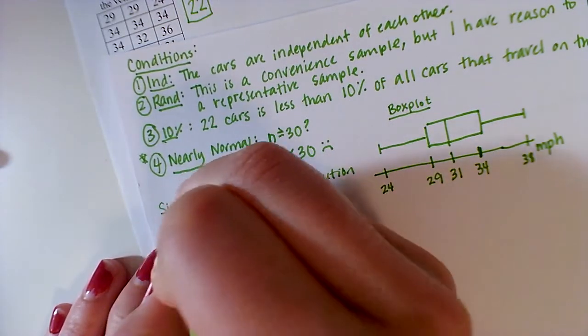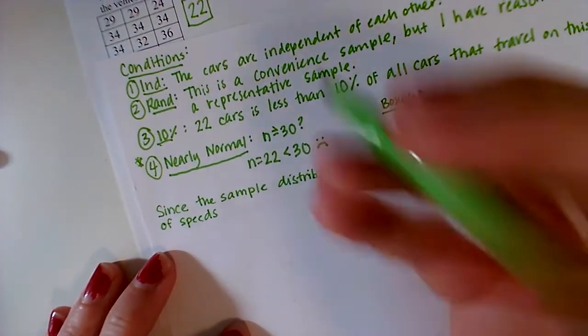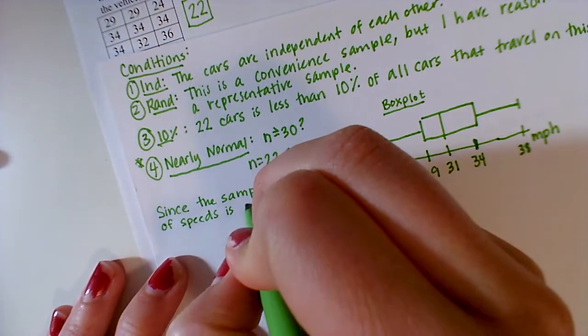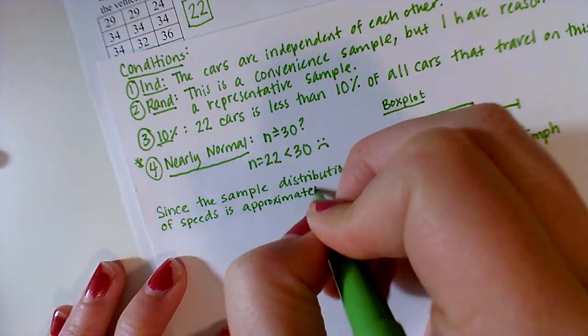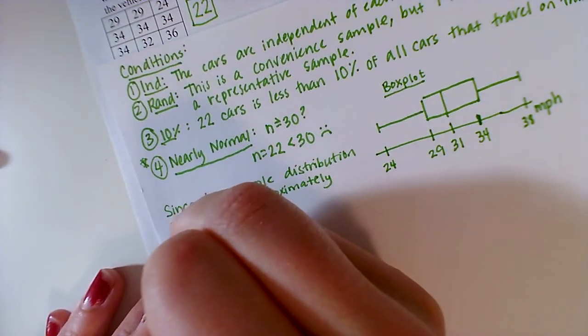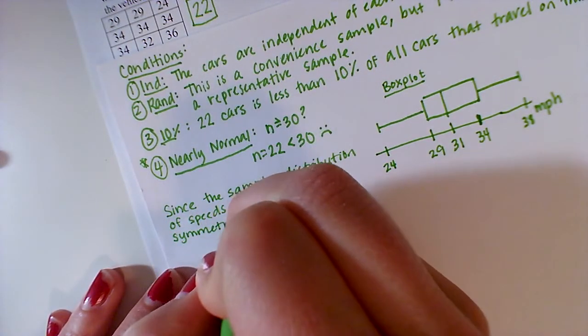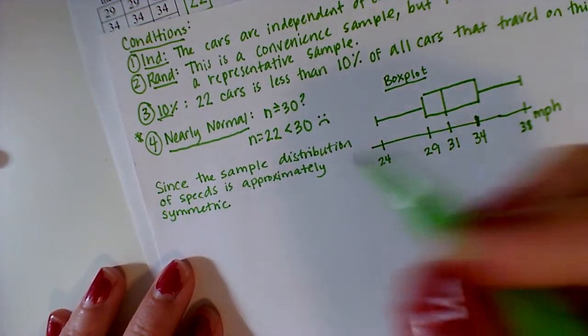So since the sample distribution of speeds is approximately symmetric. Can it be perfectly symmetric? No, right? In the real world, we just don't have perfectly symmetric data.